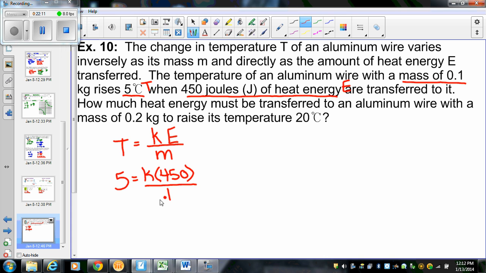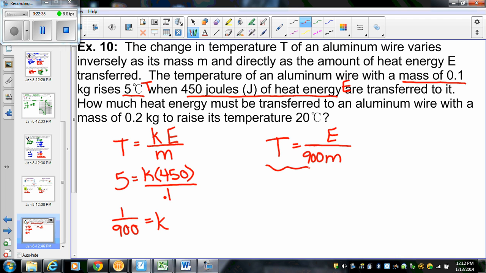So I can use all of that to solve for K. And if you do, as a fraction, you should get 1 over 900 for K. So now your temperature formula is that you have your E and your M, and since it's 1 over 900, we can just put the 900 in the denominator like that.